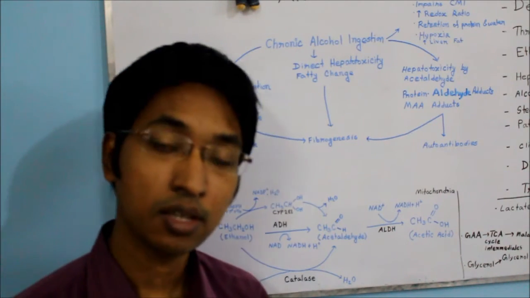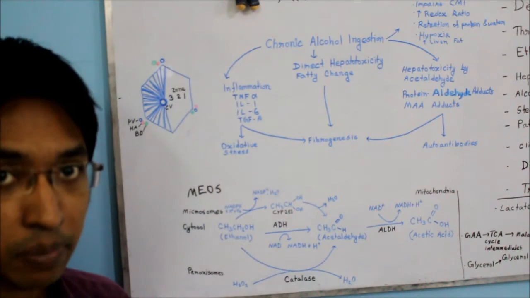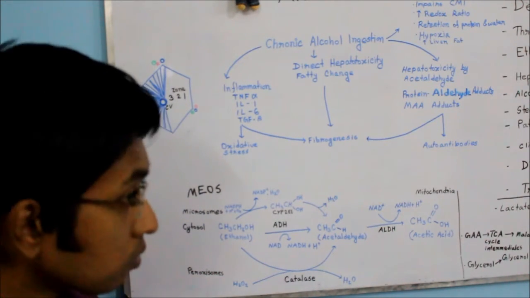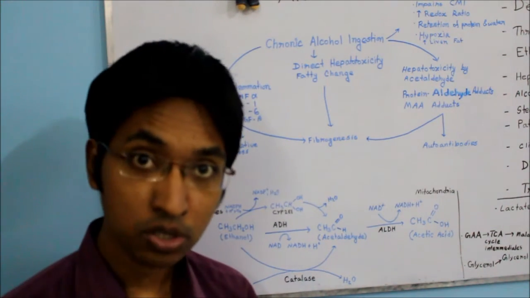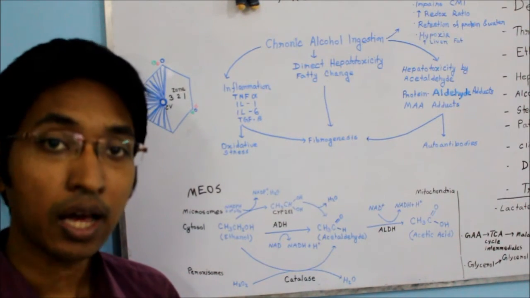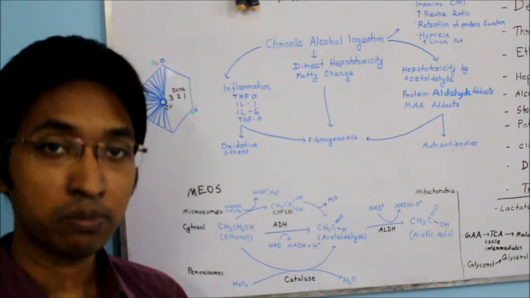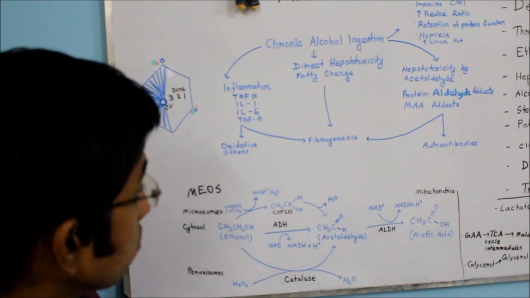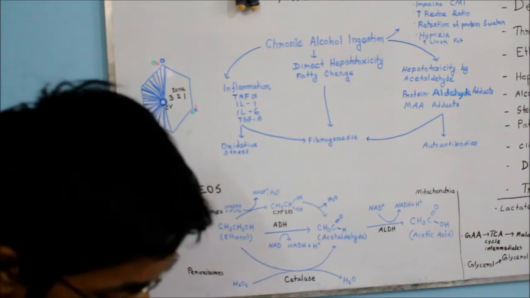All these things can activate the hepatic stellate cell or Ito cell, and then that cell becomes transformed into myofibroblasts and fibrocytes, and they will produce fibrous tissue, for example collagen, and that will result in fibrogenesis.